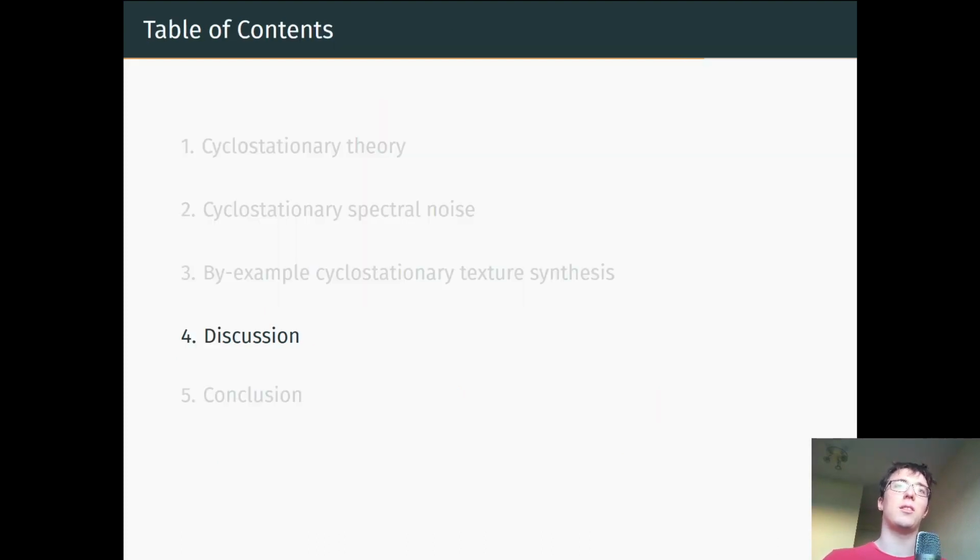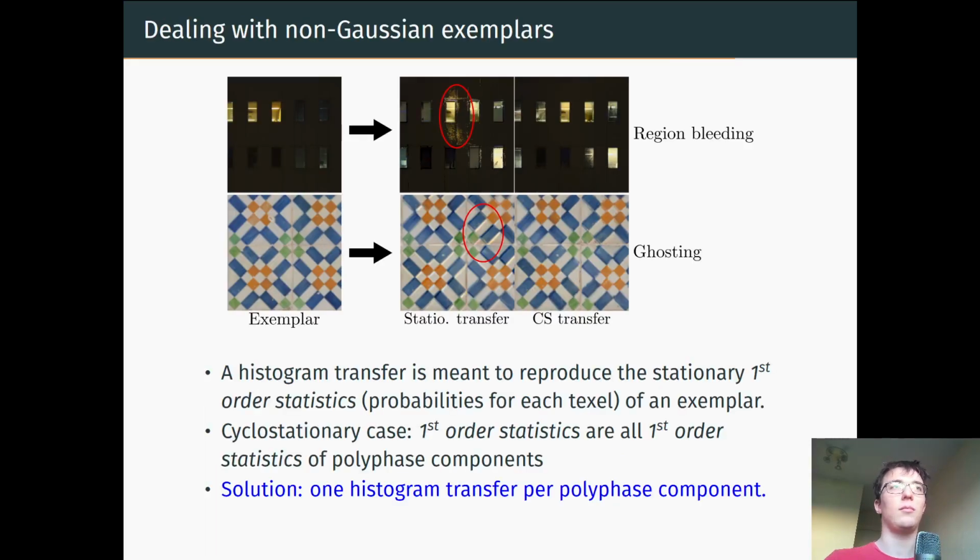We now discuss some important points about our work. The first point I want to discuss is dealing with non-Gaussian exemplars. Spot noise and high-performance noise exploit blendings for the synthesis of an exemplar. These blendings can create Gaussian statistics, notably Gaussian first-order statistics, represented in a stationary context by the histograms.